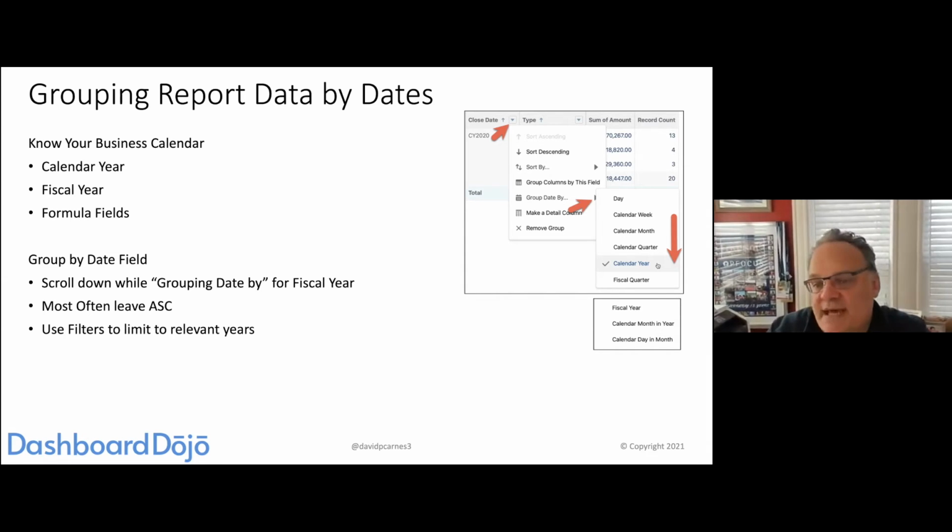So just to point that out, when you do groupings, it's not obvious that you can scroll down, and there are a few more choices here, including ones that are useful for other types of analysis, such as month-over-month analysis, that you can use this calendar month and year. Okay, so spend a little bit of time there.